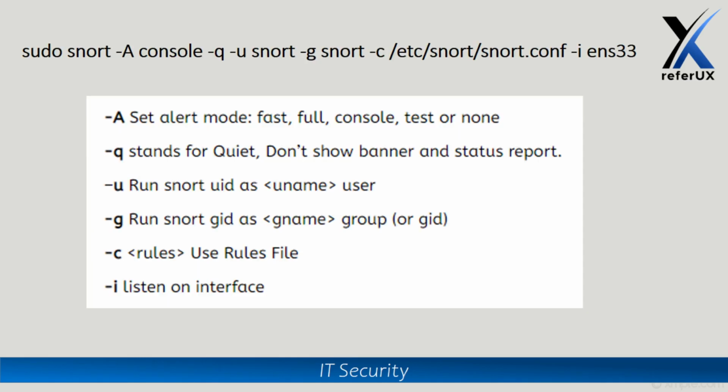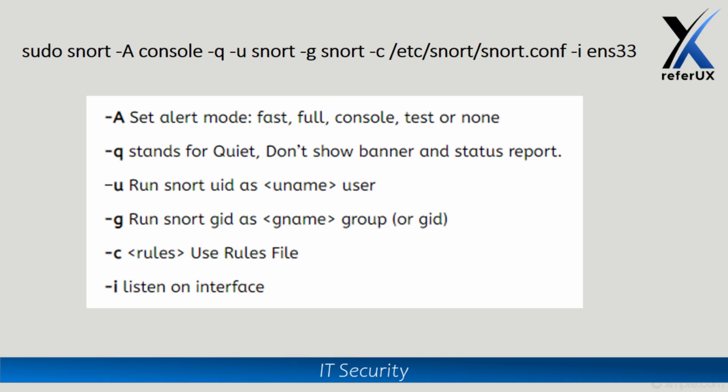Then I need to mention that in this tutorial I will be viewing the log of the rules, so that whenever it detects the rules, it will give the output. To view that output, this is the command available. -A represents that we are in the alert mode, and console means it should be displayed in the terminal. -q means we are not showing any banners or other information, just the outcome only.